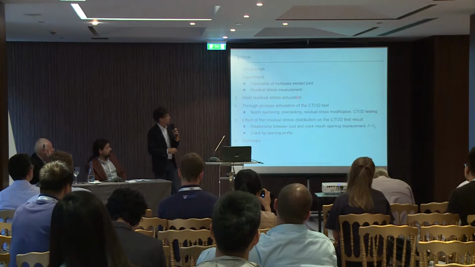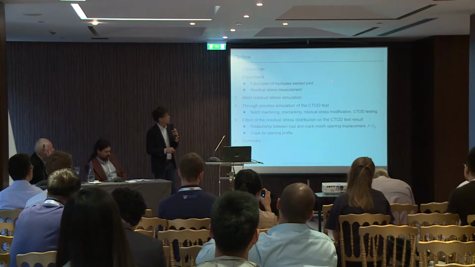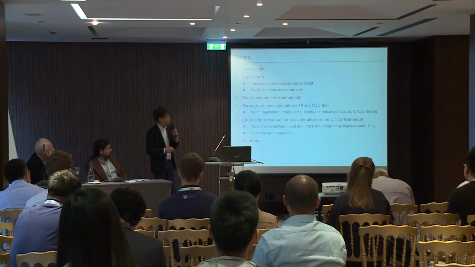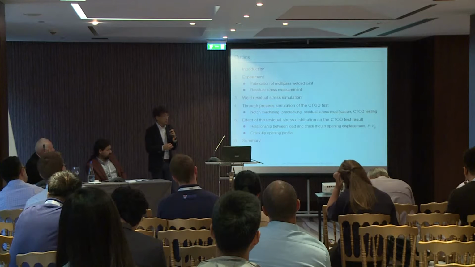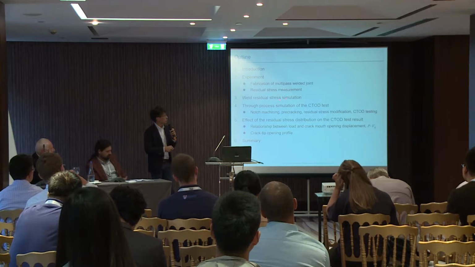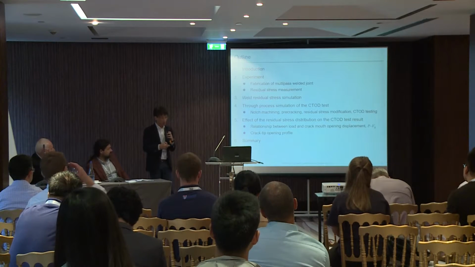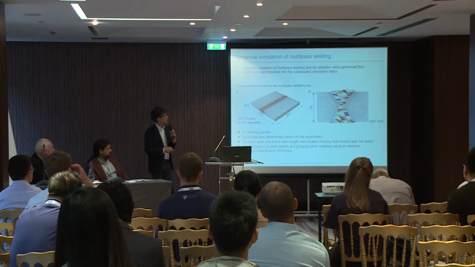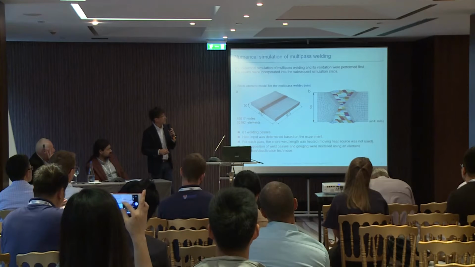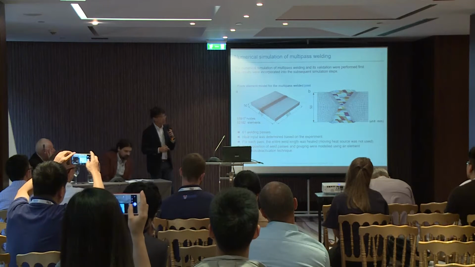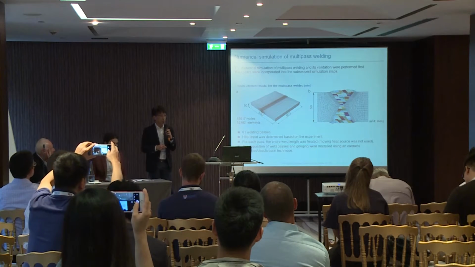So now we fabricated the welded joint and measured the residual stress, and then we reproduce the residual stress distribution by simulation. So this slide shows the finite element model of the welded joint.